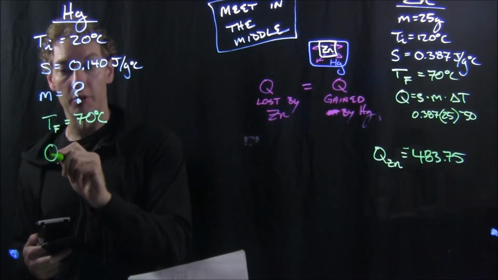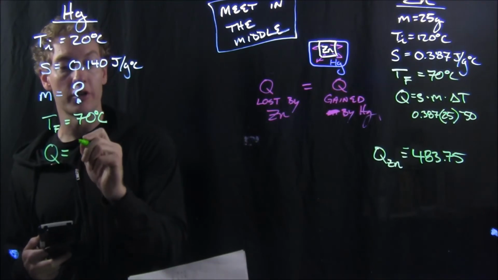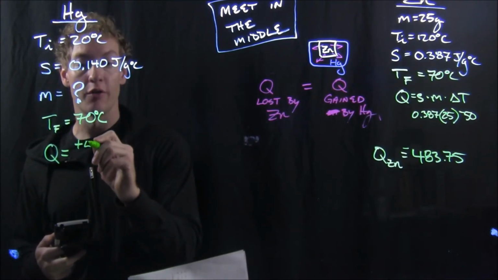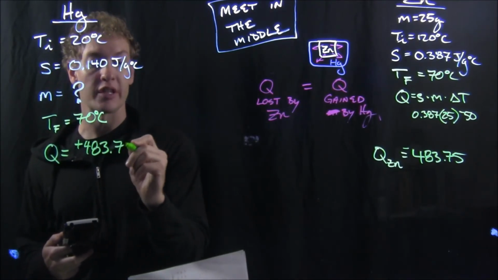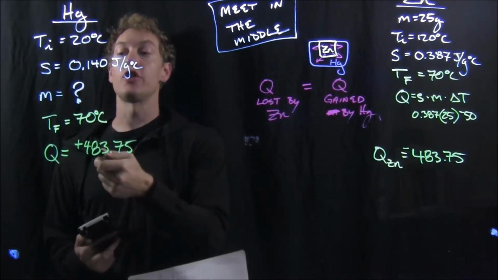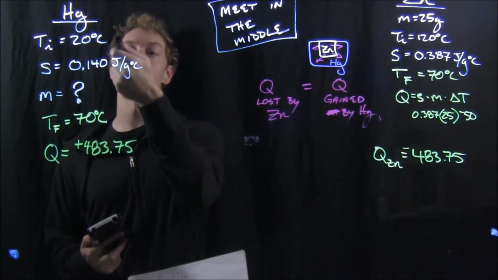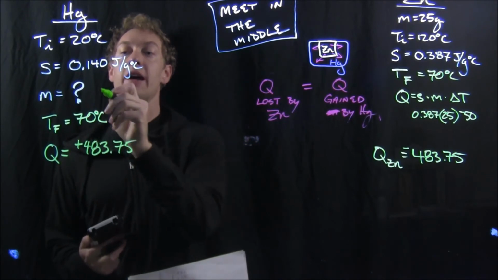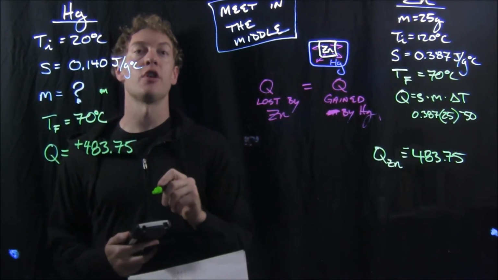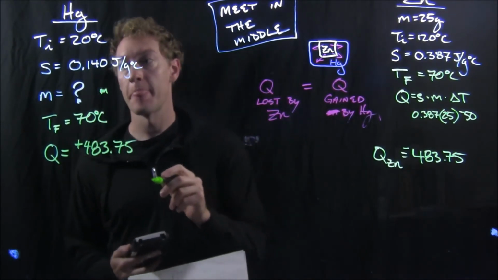So I'm going to bring that number over here. Q for the mercury is going to be positive 483.75. And now I know the Q, I know the temperature change, and I know the specific heat capacity. I have enough information to solve for that mass.